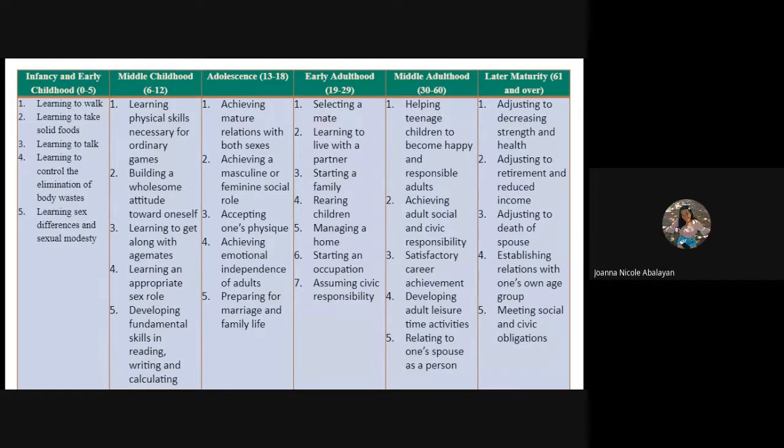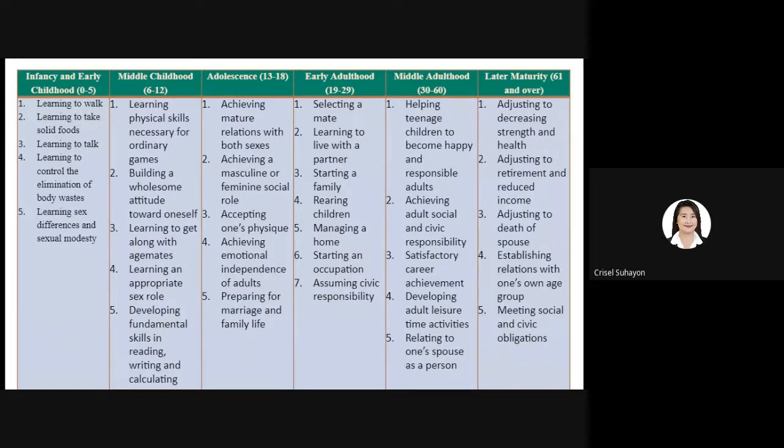Learning to walk, learning to take solid foods, learning to talk, learning to control the elimination of body waste, learning sex differences and sexual modesty, acquiring concepts and language to describe social and physical reality, readiness for reading, learning to distinguish right from wrong, and developing a conscience.